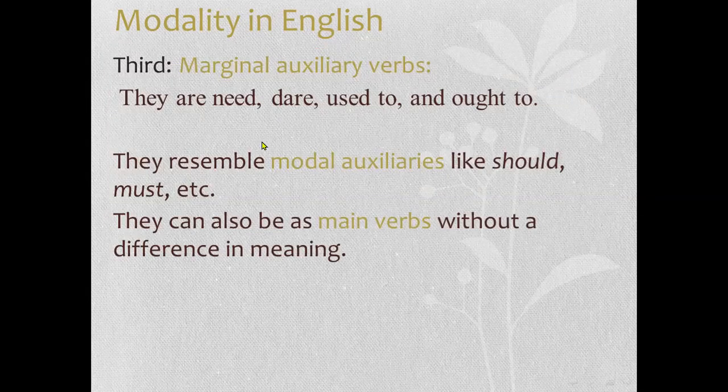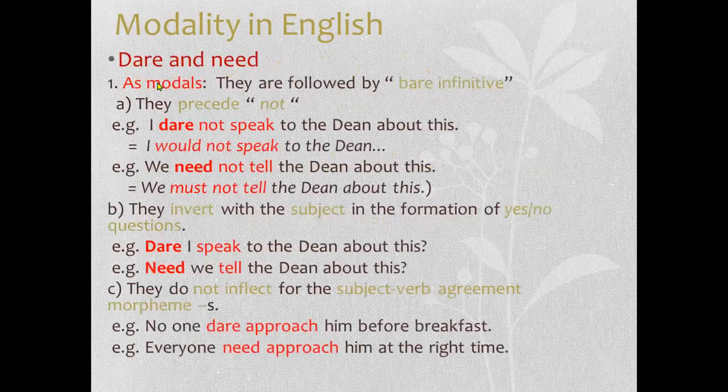You can see that they resemble modal auxiliaries like should or must. They can also be main verbs without any difference in meaning. Dare and need can be used as modals.